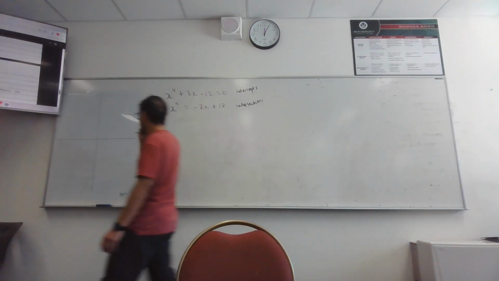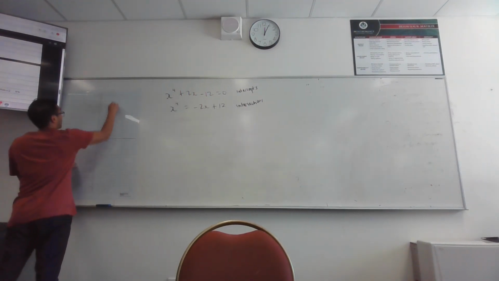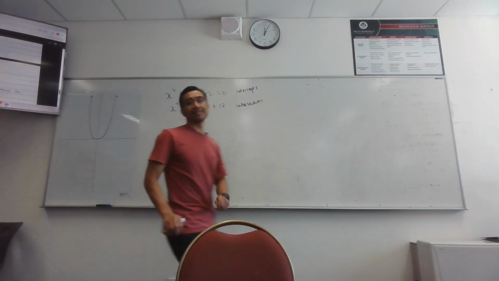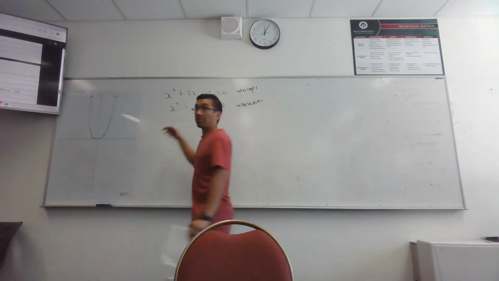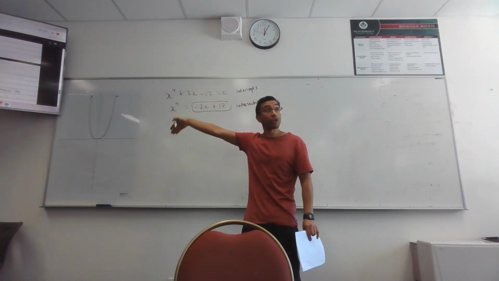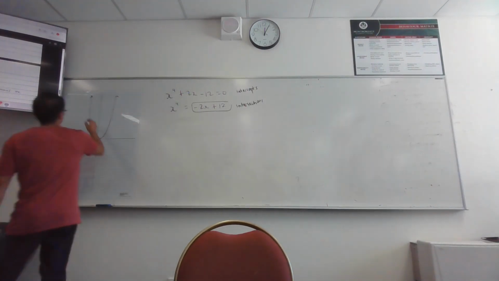So over here, we've got our x^4 and we've got a negative 2x plus 12 that we also want to graph on the other side, right on top of it. Okay, this is just a sketch.